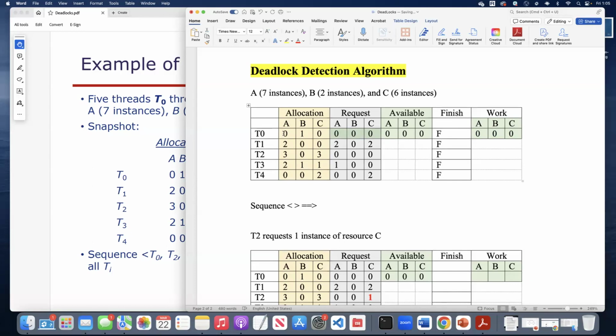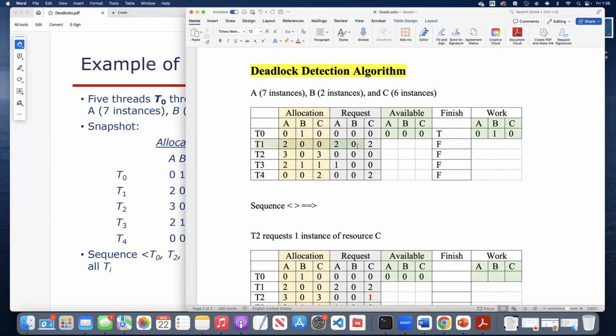T0 gets 1 instance of B. T0 starts execution and then terminates or finishes. T0 can release this 1 instance of B. So T0 can finish equal to true. And we update work. Work is equal to work plus allocation of T0. Now after T0 terminates, we get 1 instance of B.